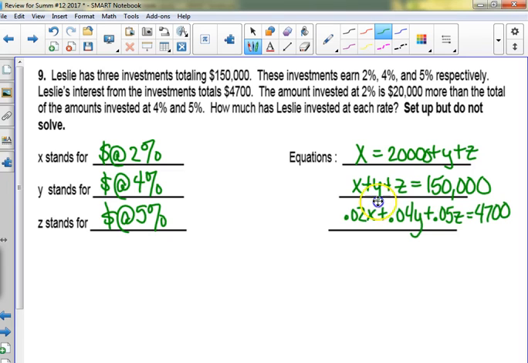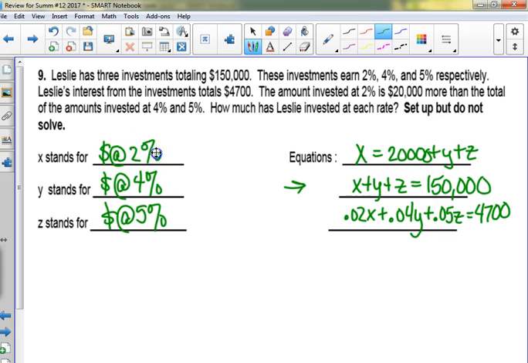Okay. So this was money, money, money, money, but it was the total in each account. This was interest earned is 2%, interest earned is 4%, interest earned is 5%, total interest earned is 4,700. Then we were back to an amount invested at 2%.